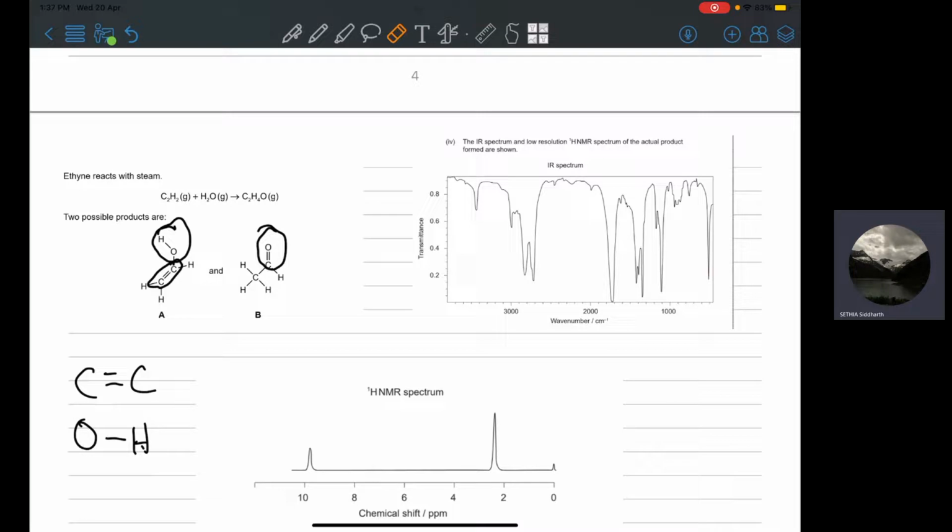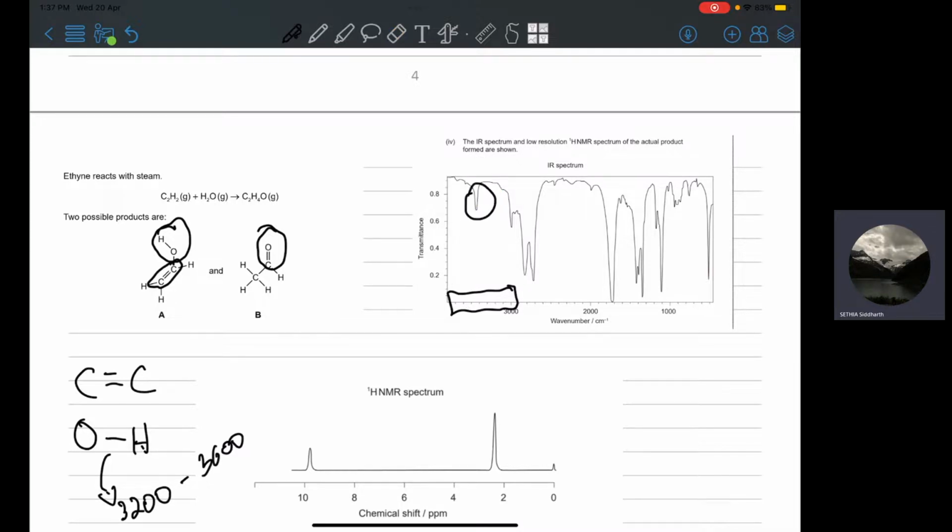Now, if you look at your data booklet again, for OH you have a peak between 3,200 and 3,600. Do we see anything? 3,200 to 3,600 is over here. And the peak is supposed to be strong and broad. Do we see anything of that sort over here?